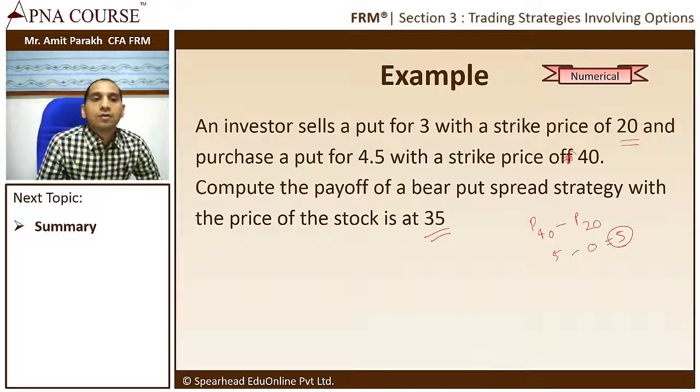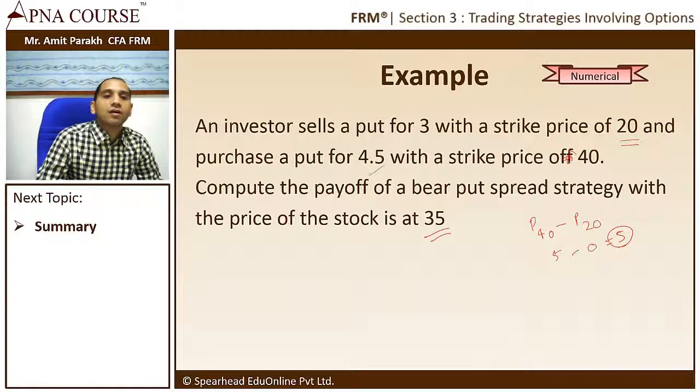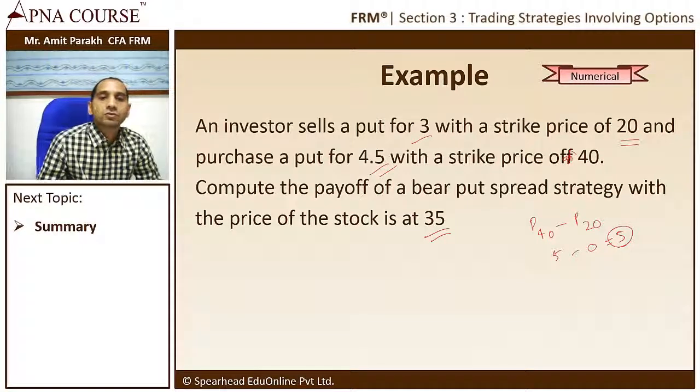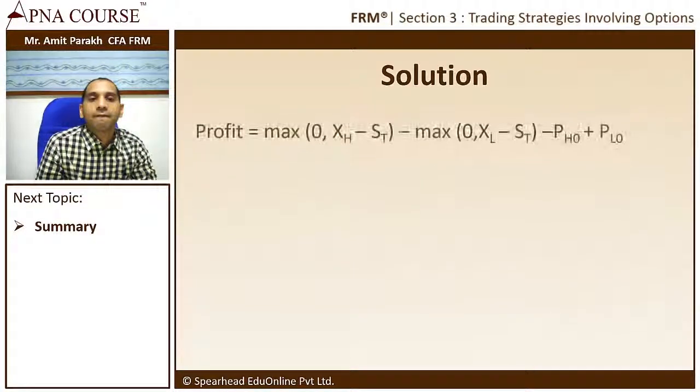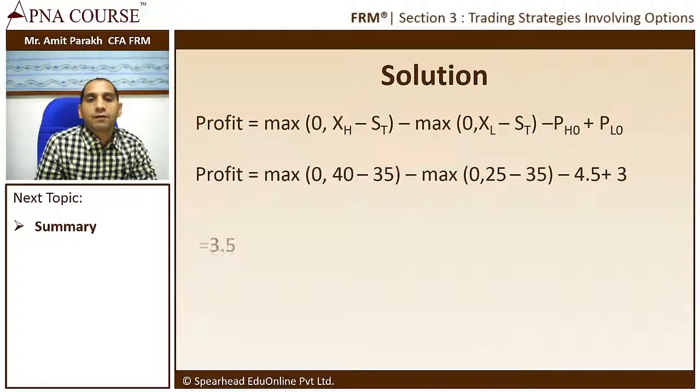Now the premium that you had paid net for this is $1.5, because you paid 4.5 and you received 3, right? So your net profit will be 3. There we have it.